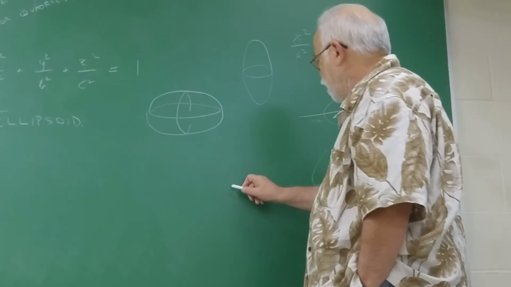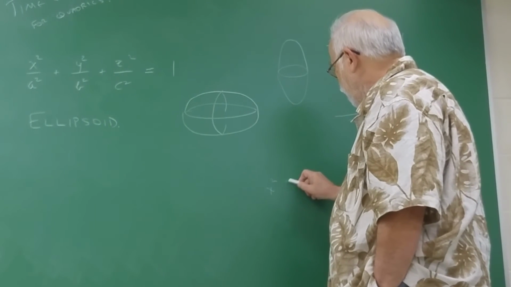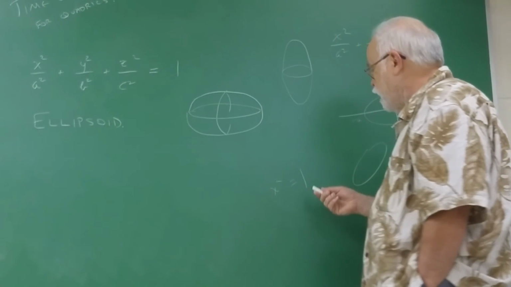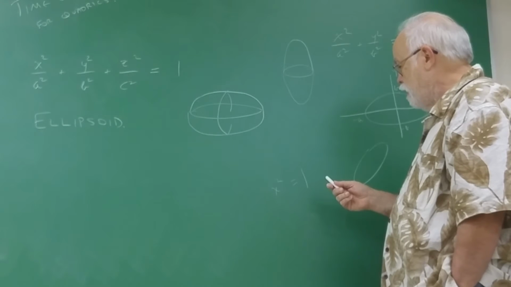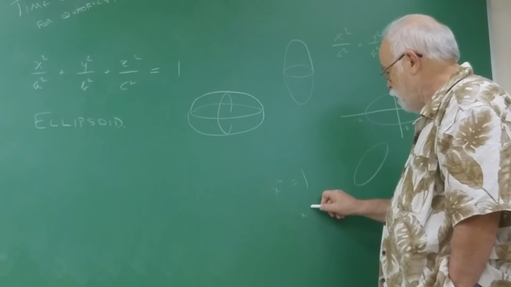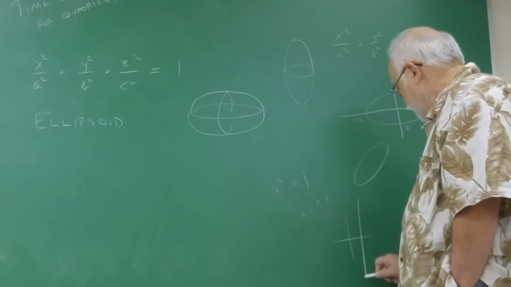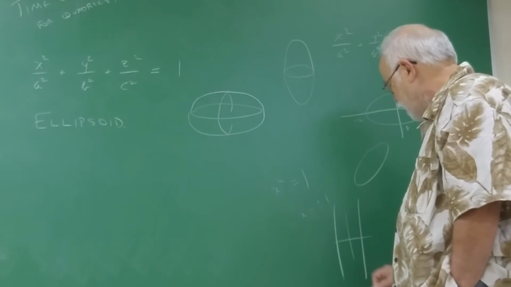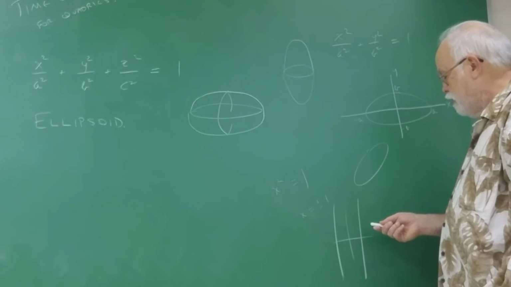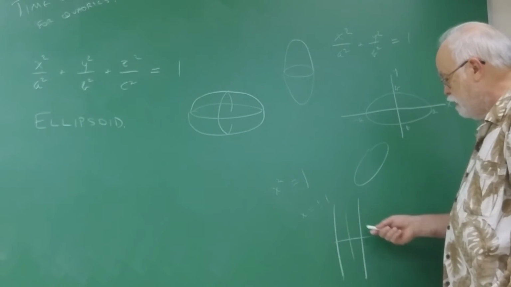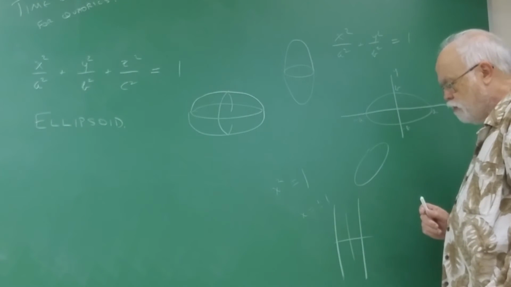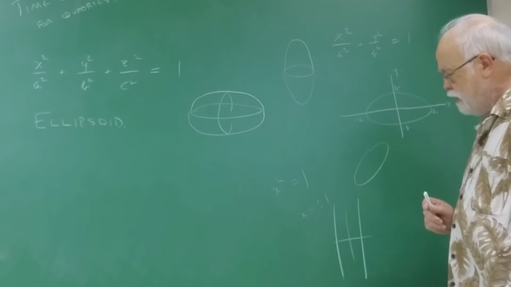For instance, if I have x squared equals 1, and I do this in 2 dimensions, then x is plus or minus 1. x equals plus 1 is that line, and x equals minus 1 is that line. These 2 lines are the graph of x squared equals 1, and that's not a conic section.